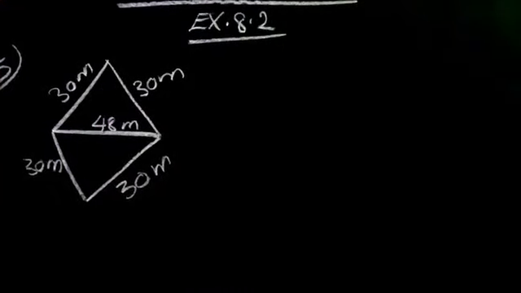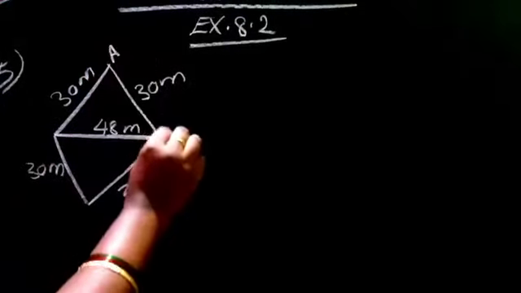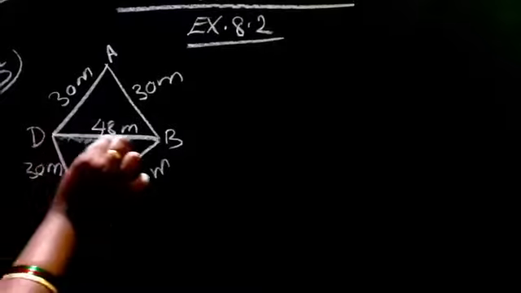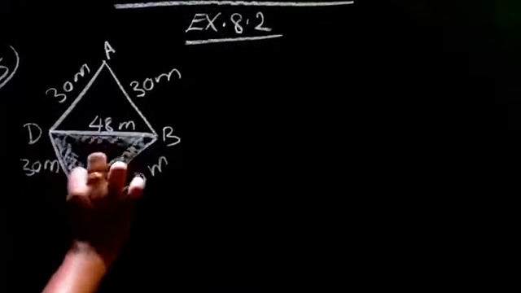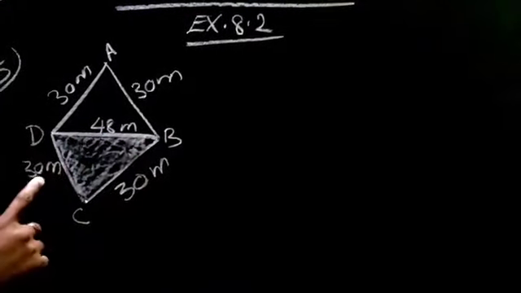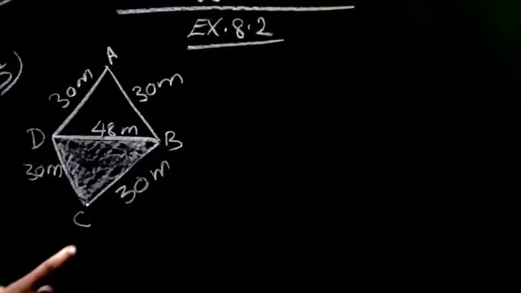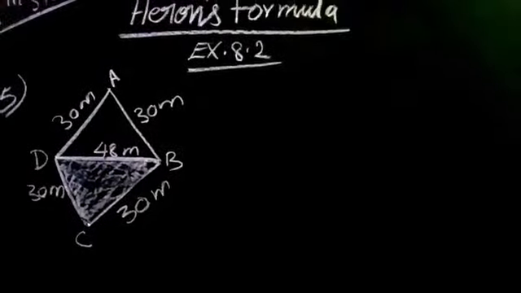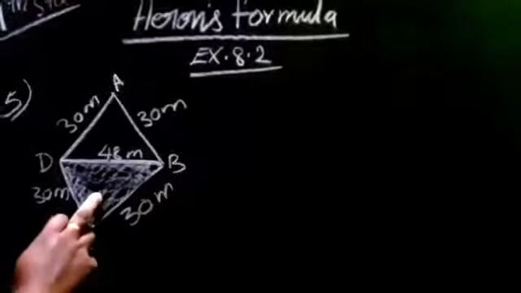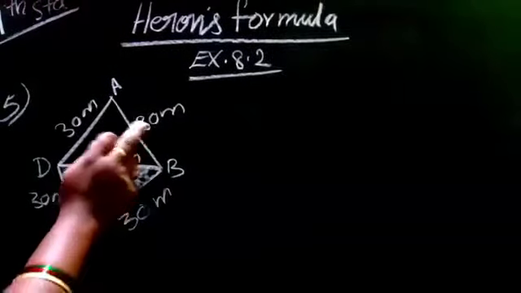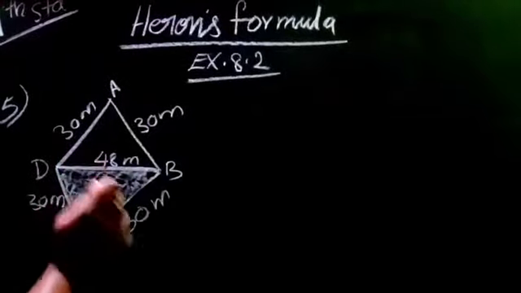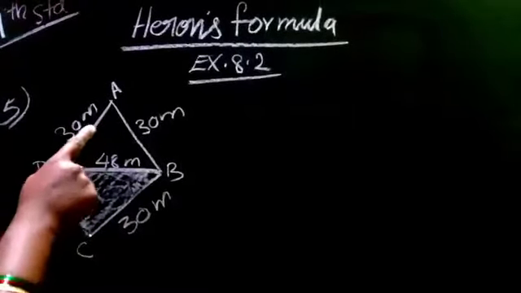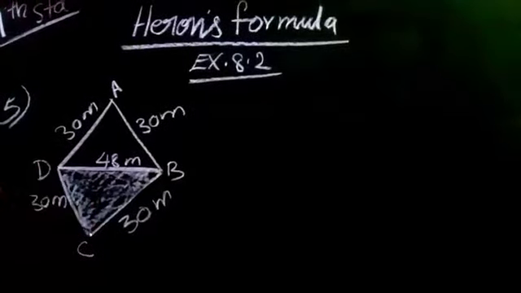It's rhombus ABCD. In the first triangle we have three sides, so using Heron's formula we can find the area of the triangle. The other triangle has the same measurements, so first finding this one, we'll multiply by 2 and we'll get the total area of the rhombus.